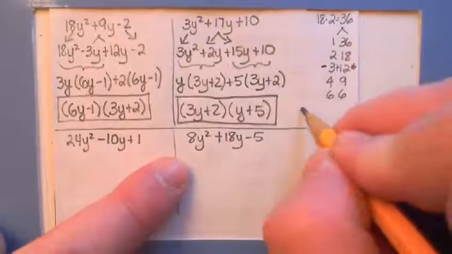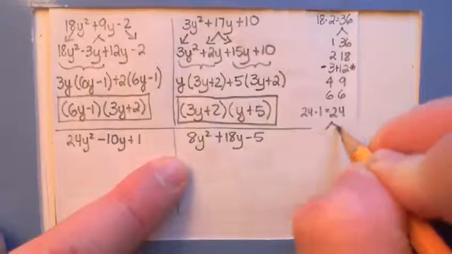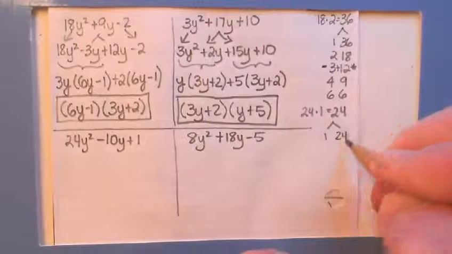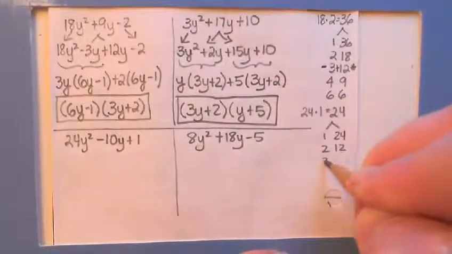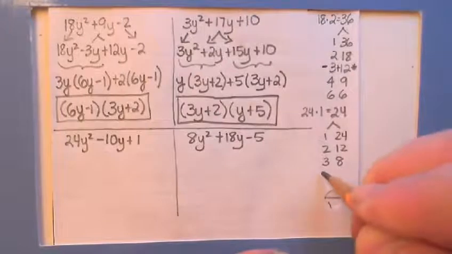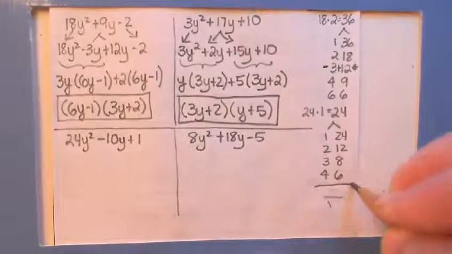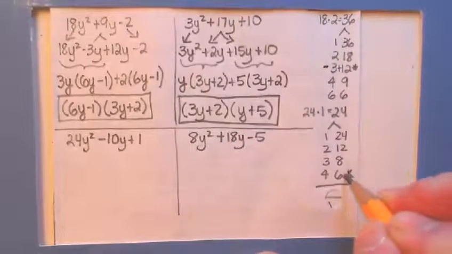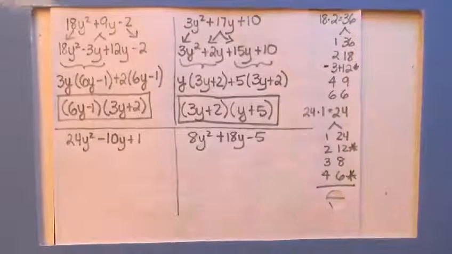So we have to multiply. 24 times 1 is 24. What numbers give me 24? 1 and 24, 2 and 12, 3 and 8, 4 and 6, and I believe that's it. I'm looking for something that gives me a 10. 6 and 4 gives me a 10, and 2 and 12 give me a 10.